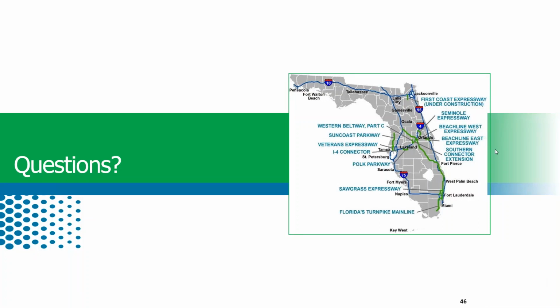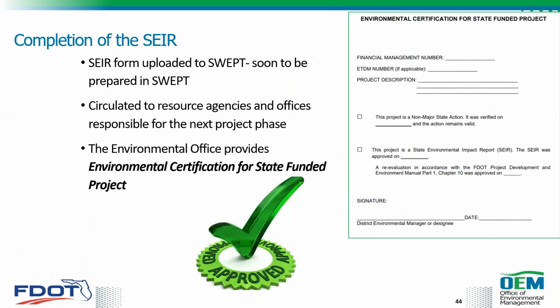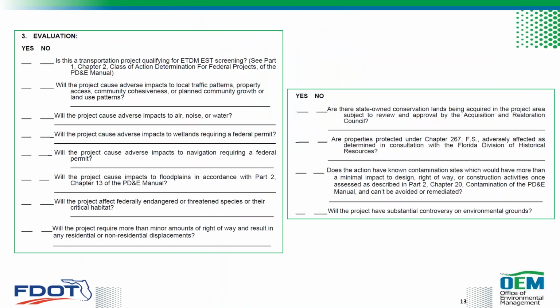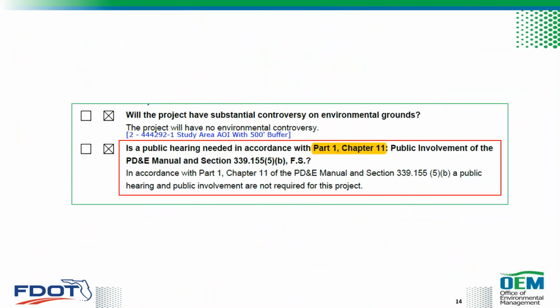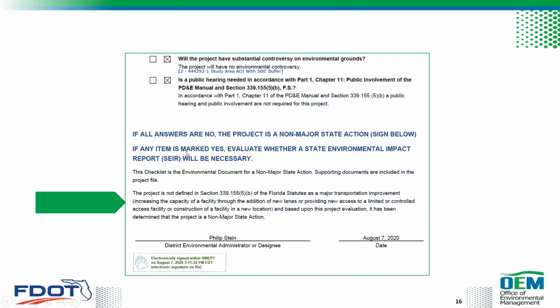Yeah, we have a few that came in that didn't get answered, but a couple of them are for a non-major state action, you can have a yes checked, but it can still be a non-major state action with additional evaluation. Is that correct? Let me go back up and look. Okay, so if it is a yes, this here requires coordination.